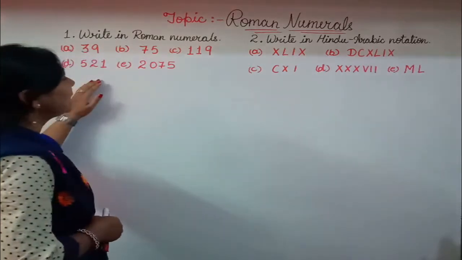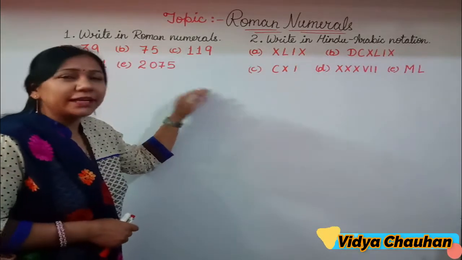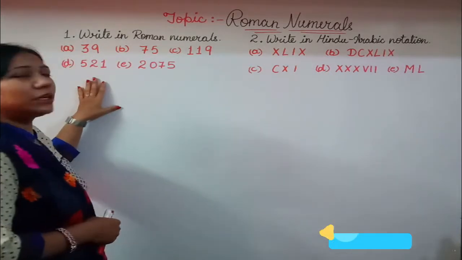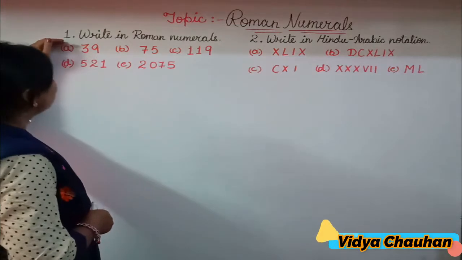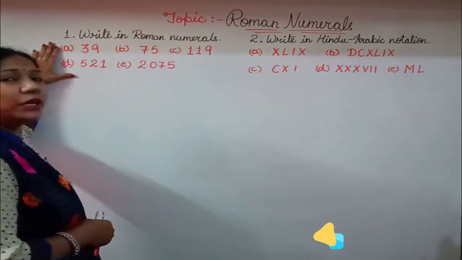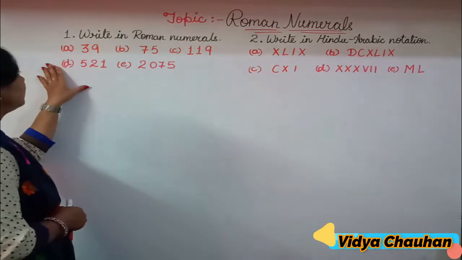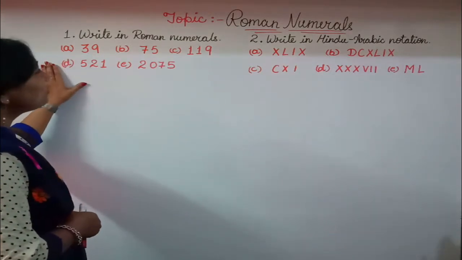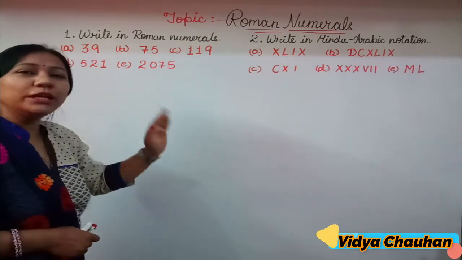So here I have taken some questions from your book exercise and we will be learning how to convert them. Reading the first question, write in Roman numerals. The numbers are given to you in the Hindu Arabic form, as you can clearly see on the board. You have to convert them into Roman form.